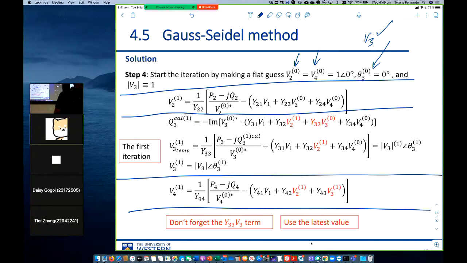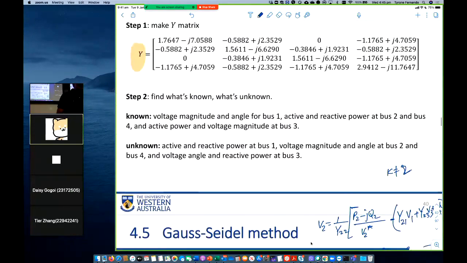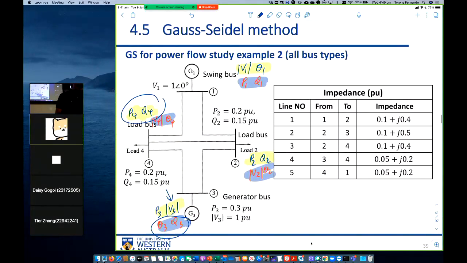So we choose V2 magnitude to be 1, theta 2 to be 0, V4 magnitude to be 1 as our initial guess, and theta 4 to be 0. V3 magnitude we know, so we use that.